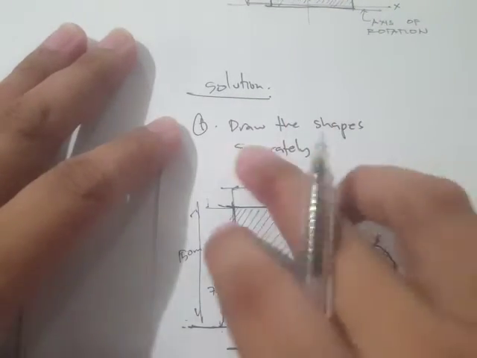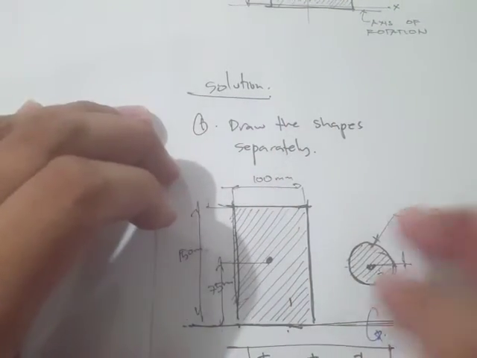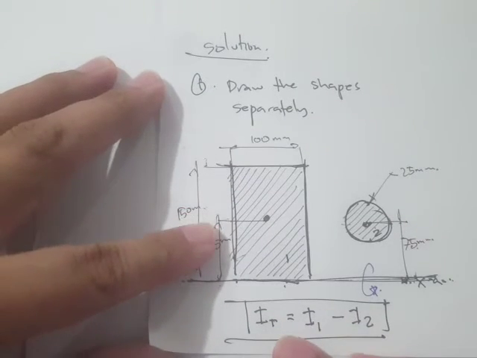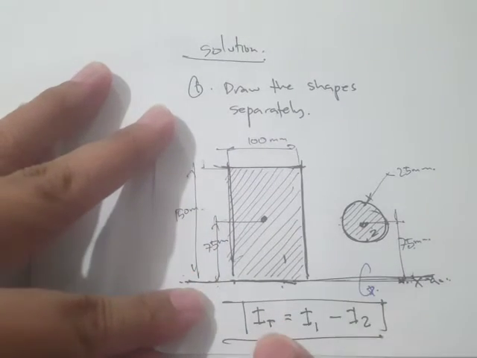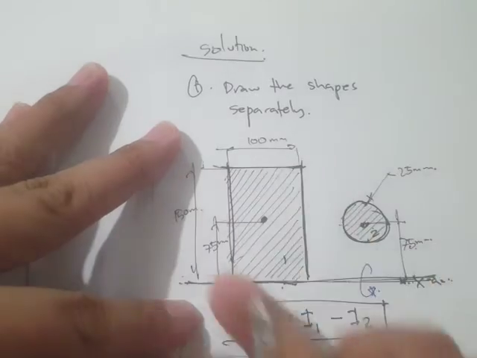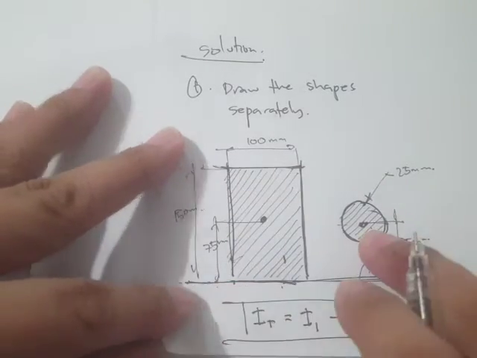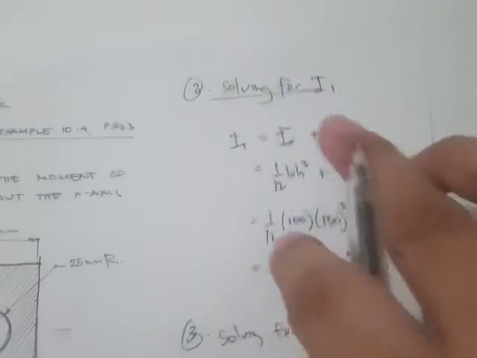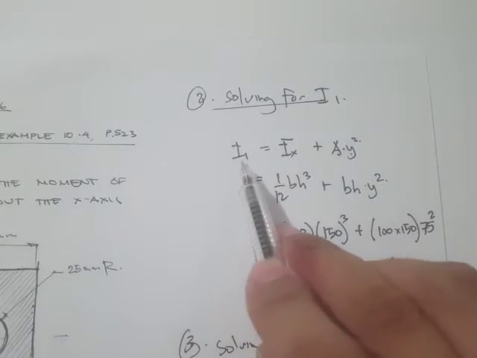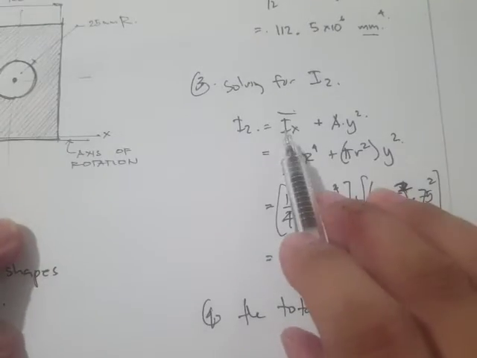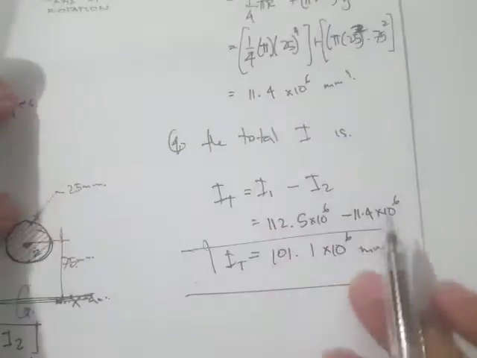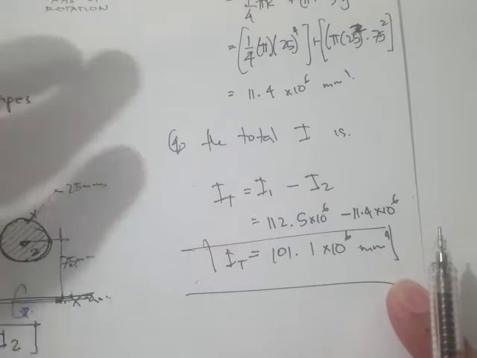First we drew it separately, and we found that the total moment of inertia is simply the moment of inertia of this shape minus this shape. So we solve for the moment of inertia of area 1, then area 2, and then simply subtract. I think that's all for this moment of inertia.